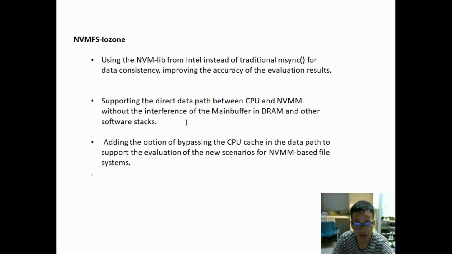Their effectiveness is verified with the physical NVM hardware. The evaluation results show that our new benchmark tool can reveal the real performance not seen by traditional tools. This is over. Thank you.